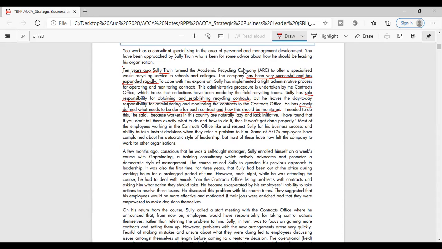Wow, see this one. He believes that workers in this country are naturally lazy and lack initiative. So he is quite subjective and biased as well, right?